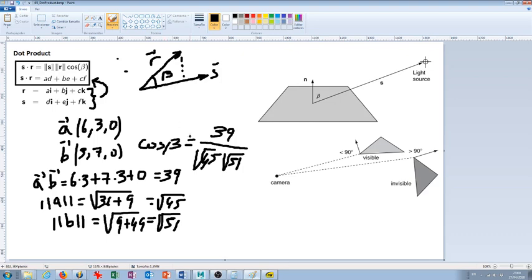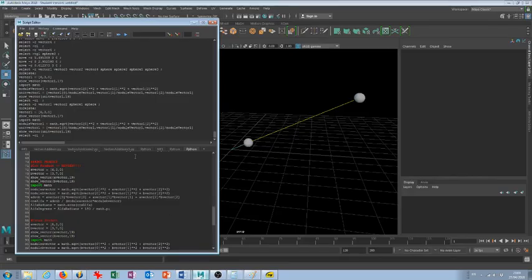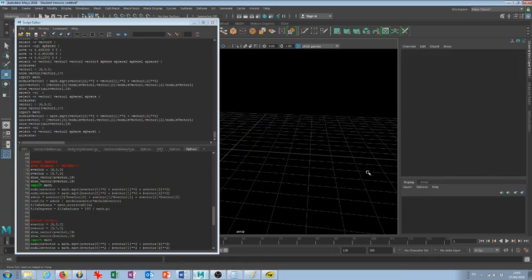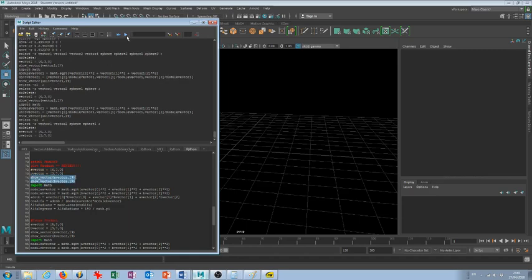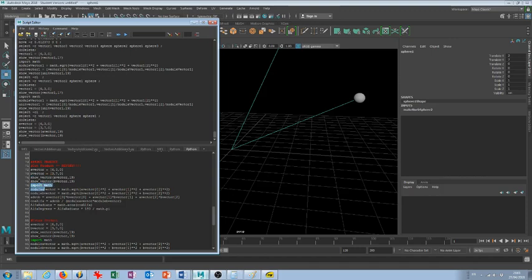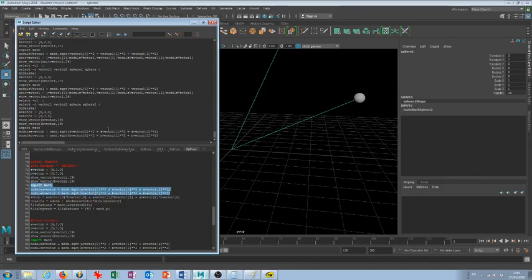Let's see this in Maya. So in Maya, let me remove this, and again with my vectors, I'm going to show them. I'm going to import math again because I need the square root to calculate the modules, 6.7 and 7.6, and then I calculate the dot product just multiplying the components.